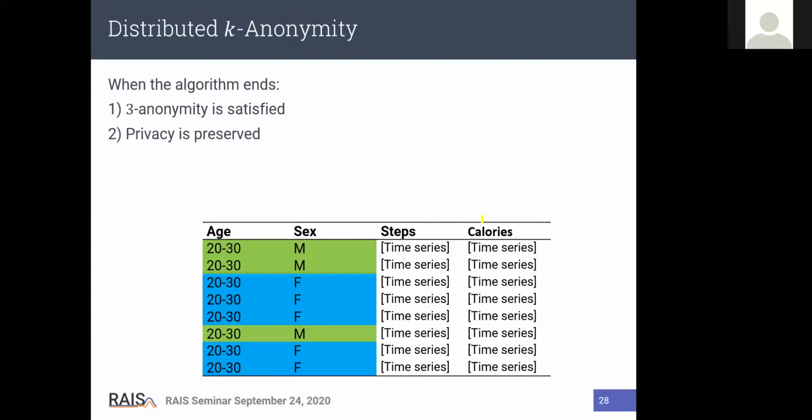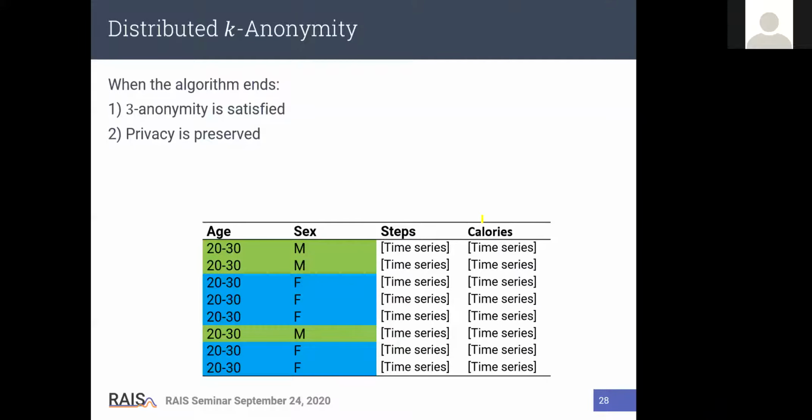In this case, we have reached the free anonymity, but the privacy is preserved in a sense that the party who had the age data didn't gain any more information other than the age data that he had at the beginning. And the party who had sex data, the same, didn't gain any extra information. And so this is a way, a distributed but also a decentralized way to achieve k-anonymity and preserving the privacy of the users.